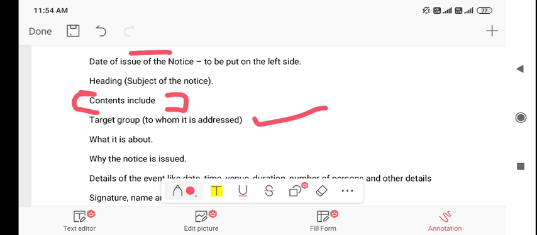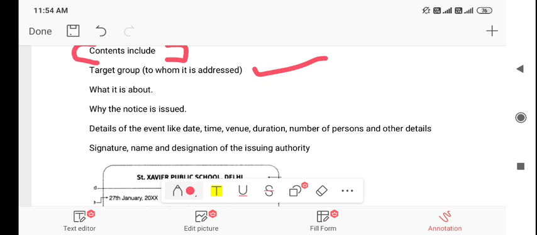Then you have to mention that the debate will be for class 9 students only, or for primary students, for secondary students, for class 10th and 11th students. So in particular we have to mention for whom a particular notice has been addressed, and why the notice is issued.